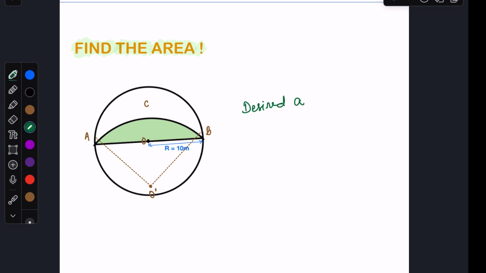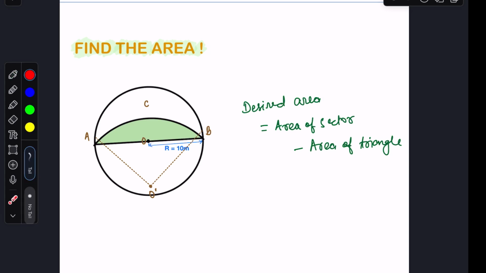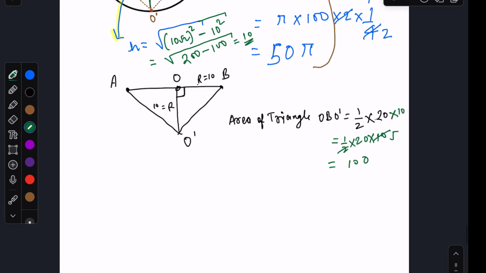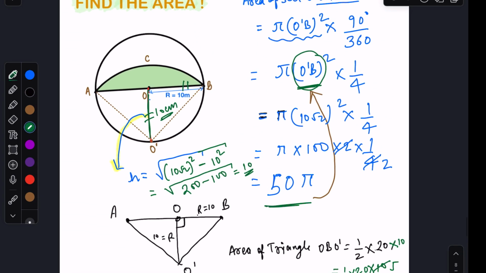Desired area is equal to area of sector minus area of triangle. Area of sector we calculated to be 50 pi.